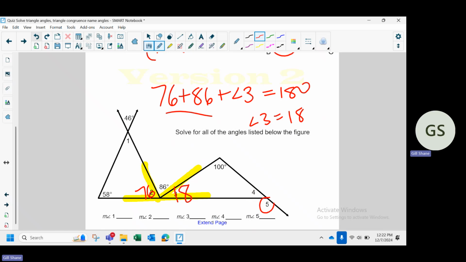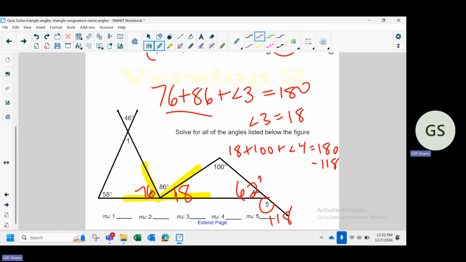It would equal 18 plus 100. Or we could also solve for 4 right now by saying 18 plus 100 plus angle 4 has to equal 180, because all interior angles add up to 180. So angle 4 would be those two added together, then subtracted from 180. So that would give me 62.